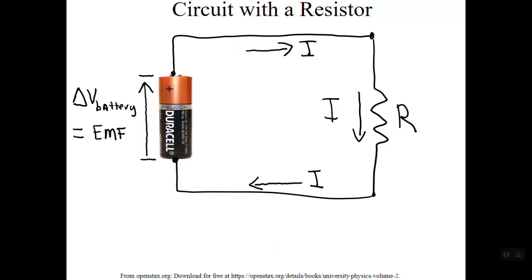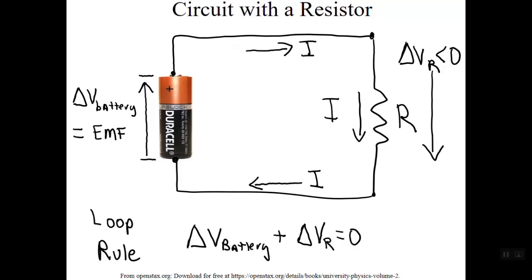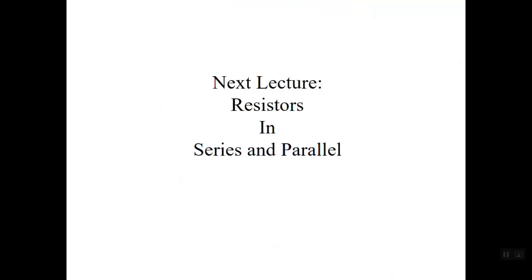Note that in a circuit analysis involving a resistor, the potential difference delta VR is negative when we move across the resistor in the direction of the conventional current I. Here is the loop rule, where we can use Ohm's law to relate the magnitude of delta VR to I and the resistance R. We will use these ideas to discuss some ways to handle circuits with multiple resistors in special combinations in our next lecture.